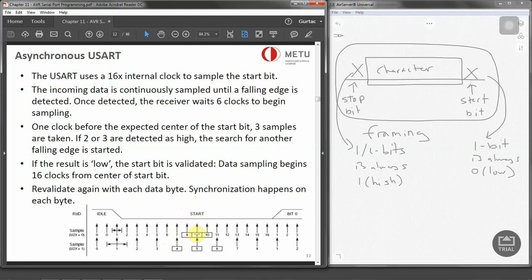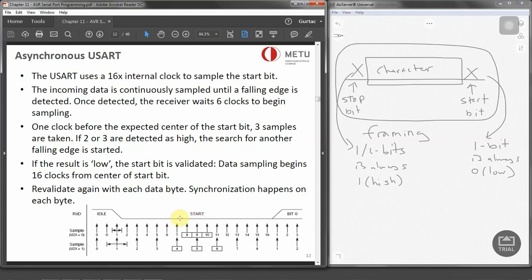So 8, 9, and 10 are taken as 3 samples. If 2 or 3 are detected as high, so if one of these samples is detected as high, then it's looking for another falling edge.